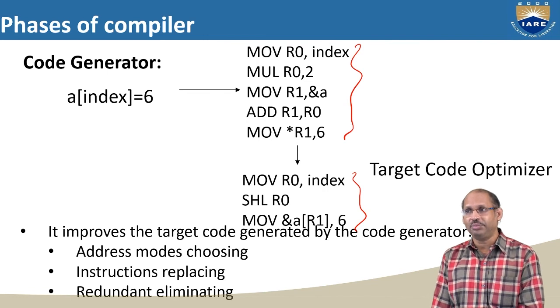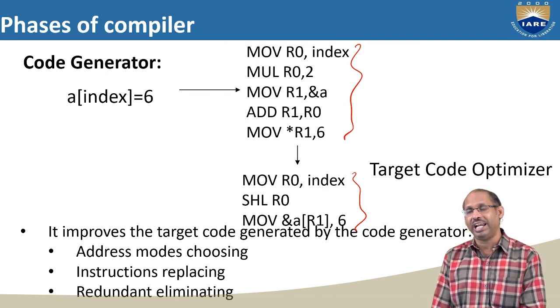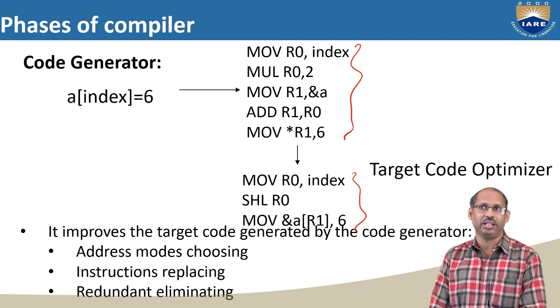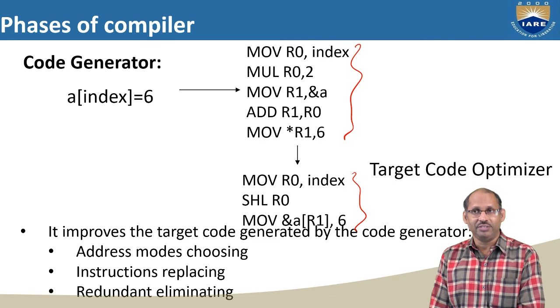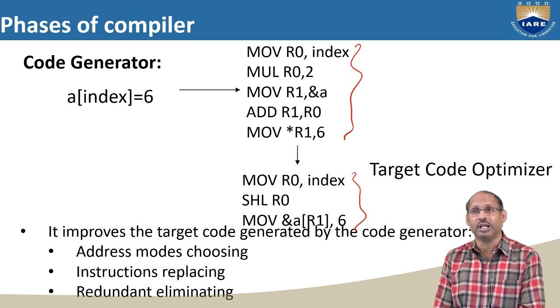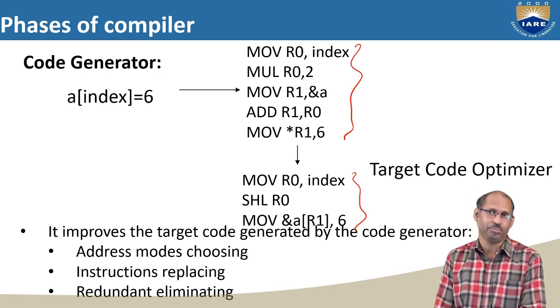If the same statement gives the same output at multiple places, instead of evaluating the statement again, we use the result. So that is redundant elimination. These are the examples of how the compiler phases convert a source program statement to the target program, a machine or assembly language program.